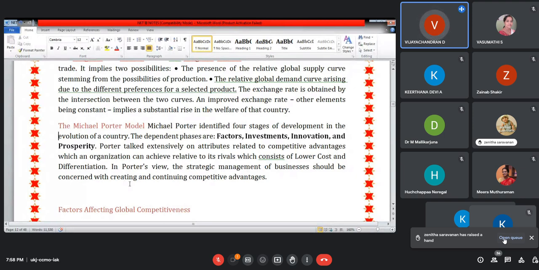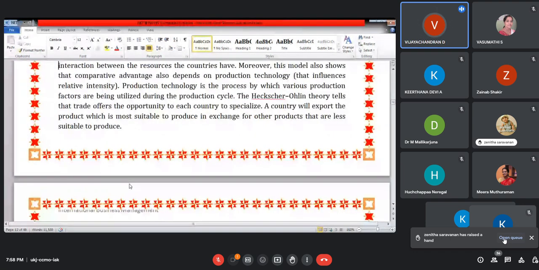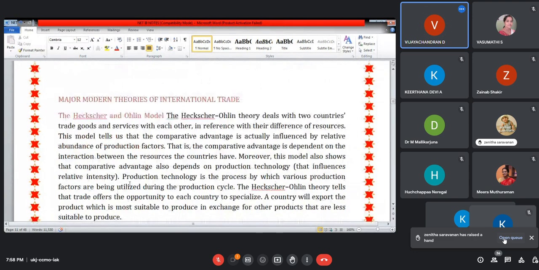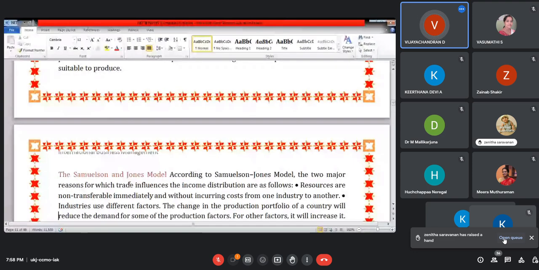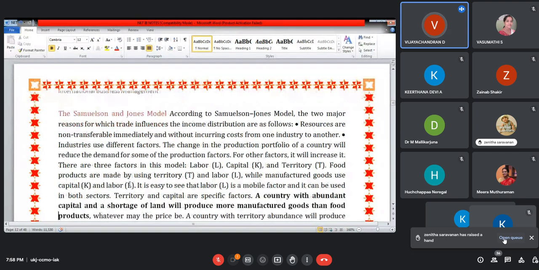So, how many theories did I tell? First one is the Heckscher-Ohlin model. What is the keyword? HO means C, comparative advantage. And next one is the SJ model. What is the keyword? Factor of production, F. SJ equals F, factor of production model.